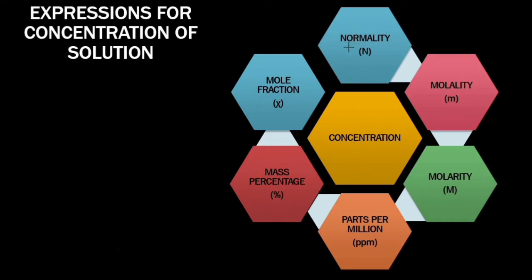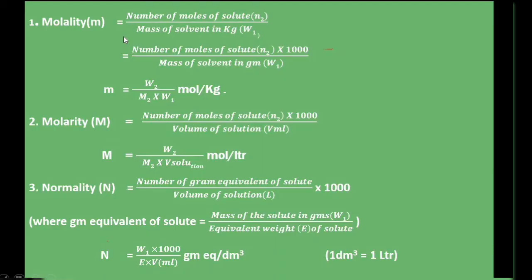The first one is normality, expressed by capital N, and molality, expressed by small m, and molarity by capital M. Parts per million by small ppm, mass percentage by the simple percentage symbol, and mole fraction by capital X. How to make use of these formulas to calculate the concentration of the solutions?